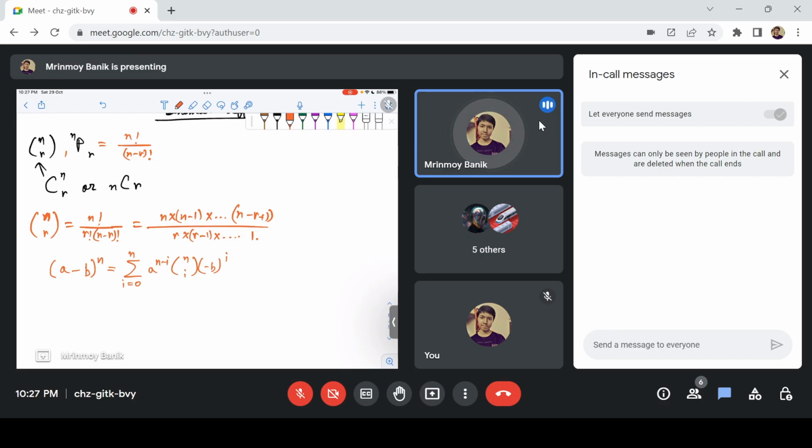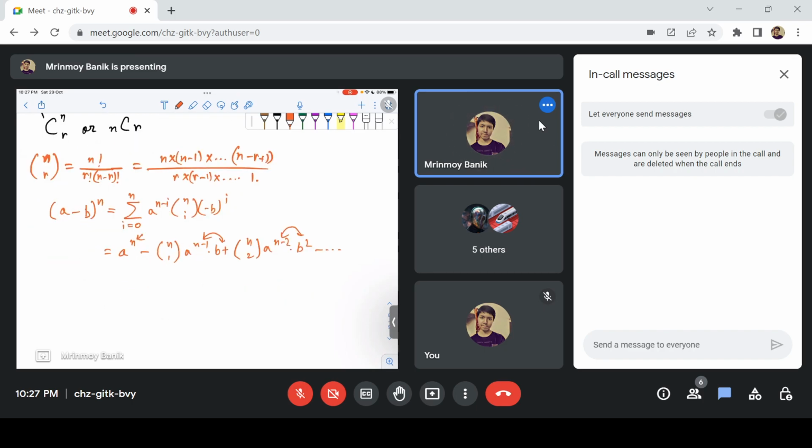I hope you all know this. If you don't, it's just a generalization of the a plus b whole square and a minus b whole square formula. It's like a to the n minus nC1 a to the n minus 1 times b plus nC2 a to the n minus 2 times b squared. You see the sum of the powers of a and b remains constant. That will be true for the whole series.